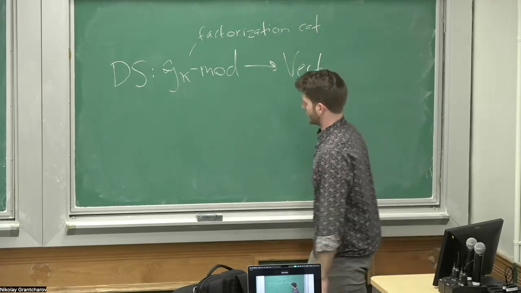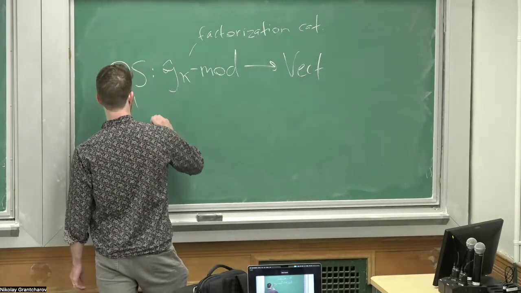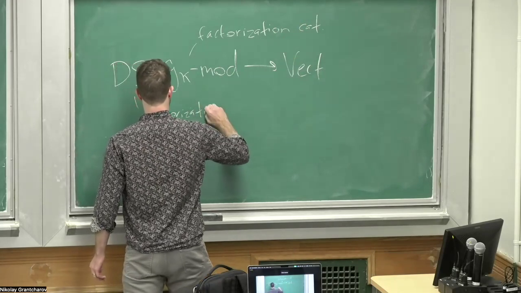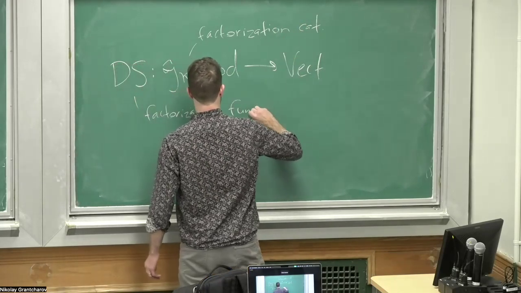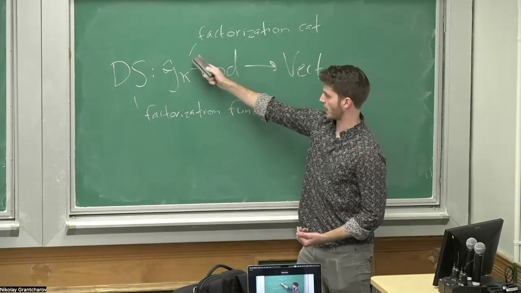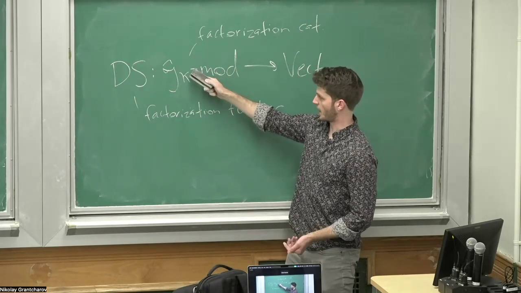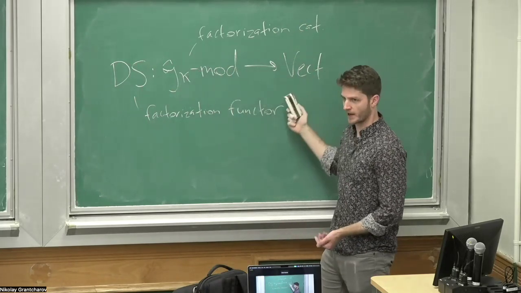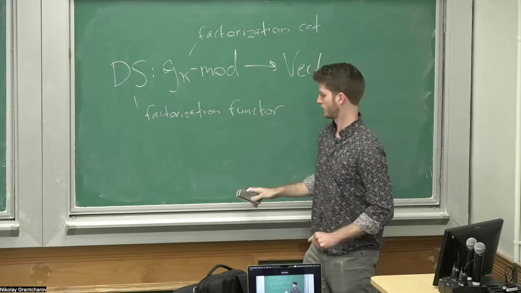So this is going to be compatible with the structure. If I have a factorization algebra in here, for example, and I apply Drinfeld-Sokolov reduction to it, it will spit out a factorization algebra in Vect, which is just a usual factorization algebra.